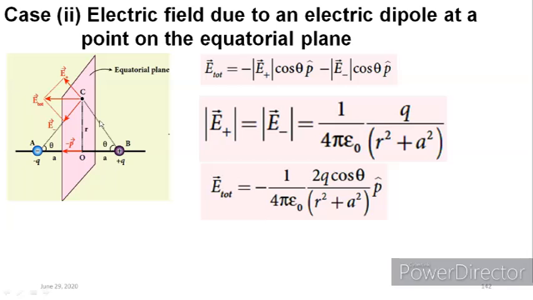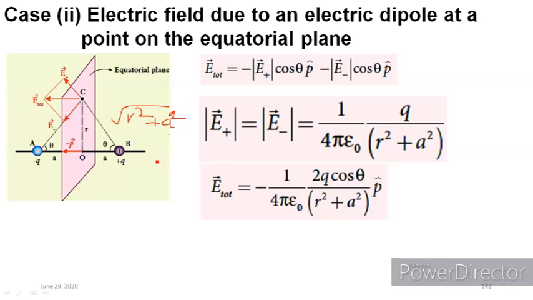The hypotenuse value is square root of R square plus A square. So cos theta can be written as A by square root of R square plus A square.